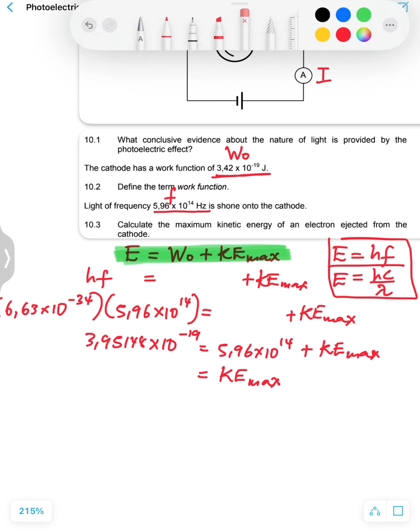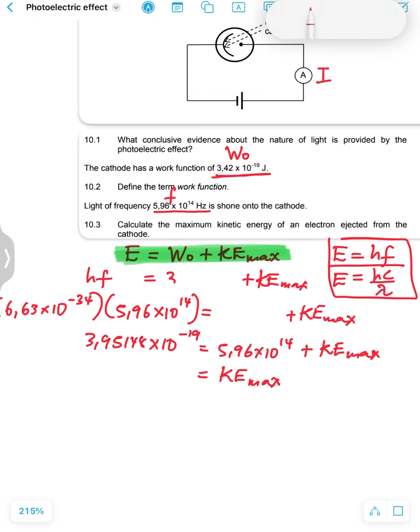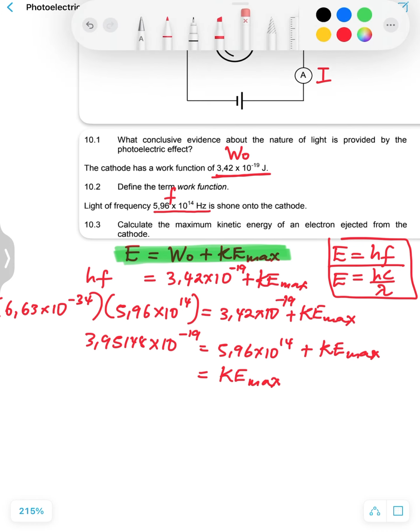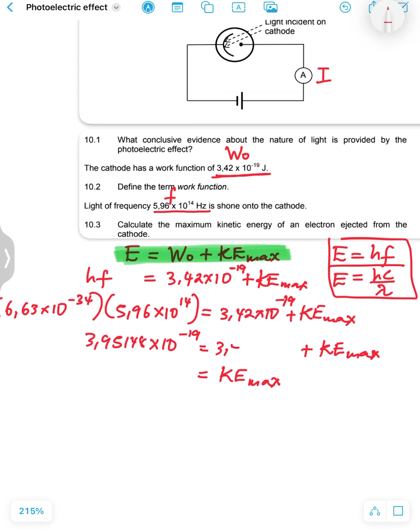The work function should be 3.42 times 10 to the power of negative 19. Let me also fix it here.